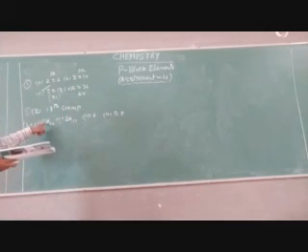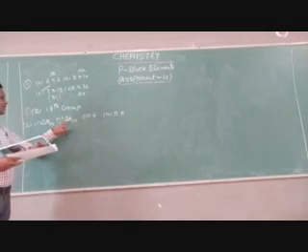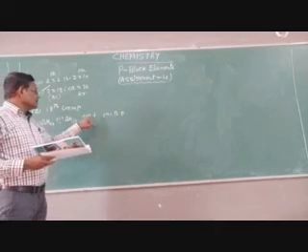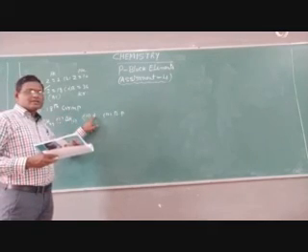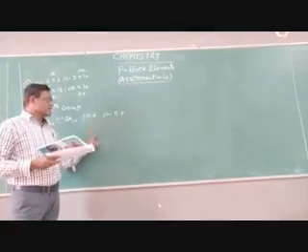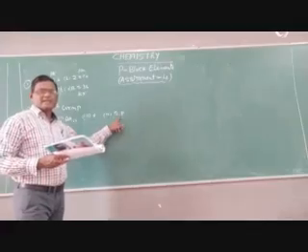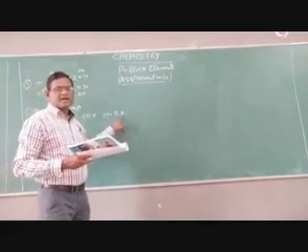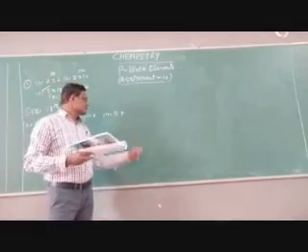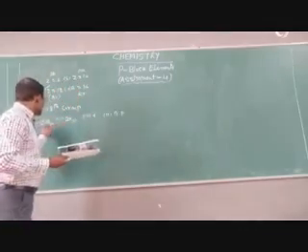Electron gain enthalpy decreases. Ionization enthalpy values also decrease. But density does not decrease, because atomic mass increases, so density also increases. Boiling points do not decrease, they also increase because the van der Waals forces of attraction increase. So these two increase, but only these two decrease.